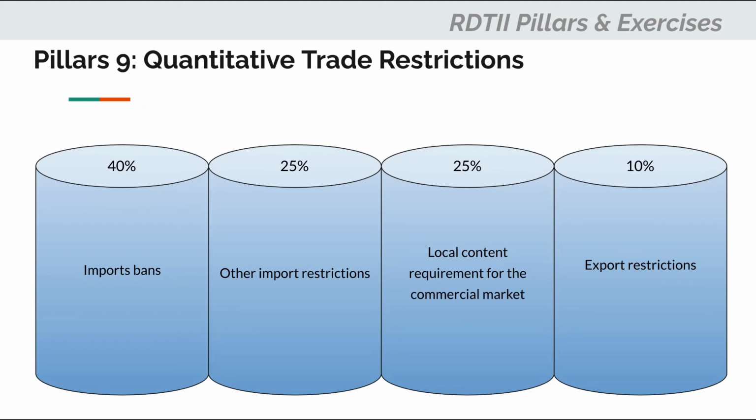Local content requirements require foreign companies to use domestic resources according to the prescribed threshold. This increases costs and barriers for the companies to find suitable local materials or services for their supply chains. The last subpillar on export restrictions has a limited impact on foreign competition in the economy concerned. Therefore, the least weight is given.